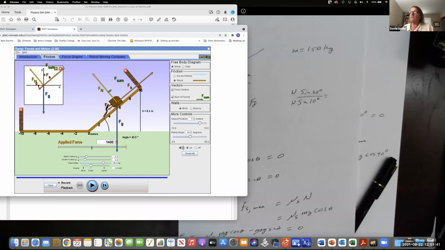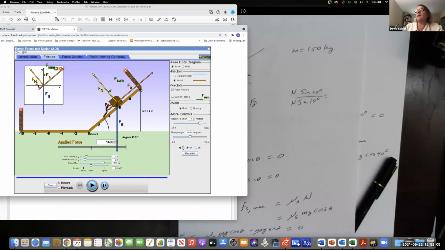The force mg sine theta is always down the plane. F applied is always up the plane. If F applied is bigger than mg sine theta, then the force of friction will be down the plane.